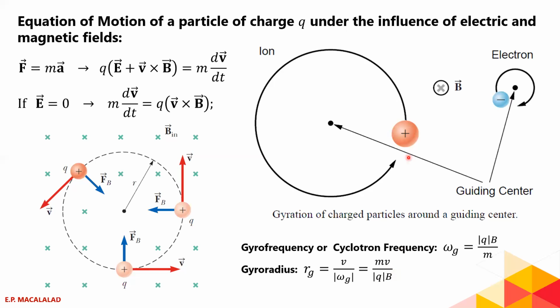So you will notice that ions are much heavier than electrons. That means the mass here would be higher for an ion than an electron. So the gyro radius of an ion will be bigger than the gyro radius of an electron, which is natural. Why? Because remember that this force, by Newton's law, will cause the object's motion to change.